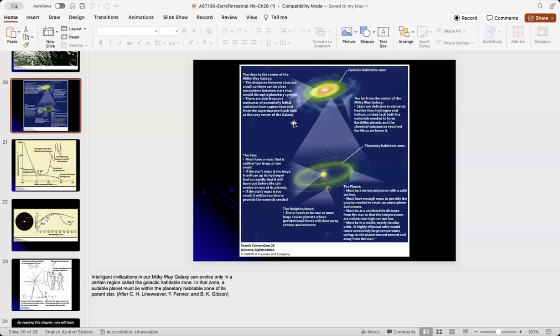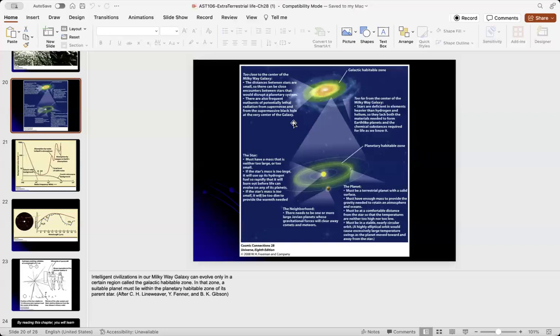Similarly, there is a habitable zone or a ring around the galaxies where it is more likely for life to evolve. For regions that are too close to the center of the galaxy, the stars are very much more active.